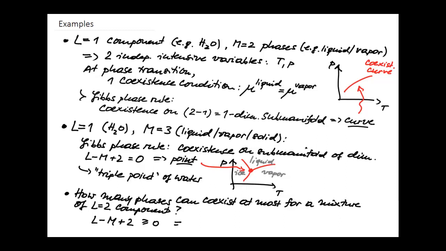You can solve this inequality for m. You find that m can be at most L plus 2. If you have a mixture of two components and L is equal to 2, then L plus 2 is equal to 4. So for a mixture of two components, you can have at most 4 different phases coexisting. And if they do coexist, then they coexist at a point, like the triple point of water.